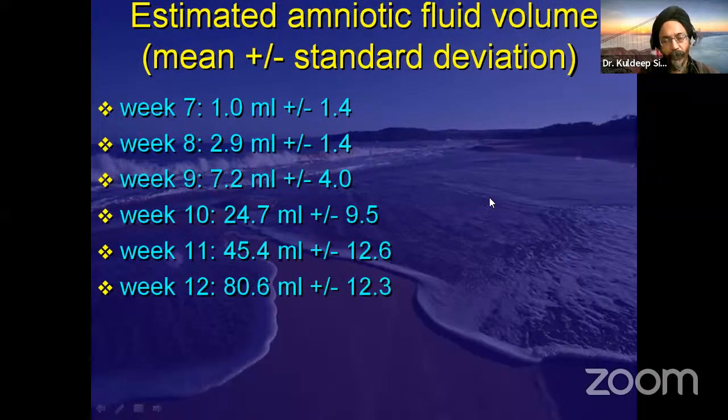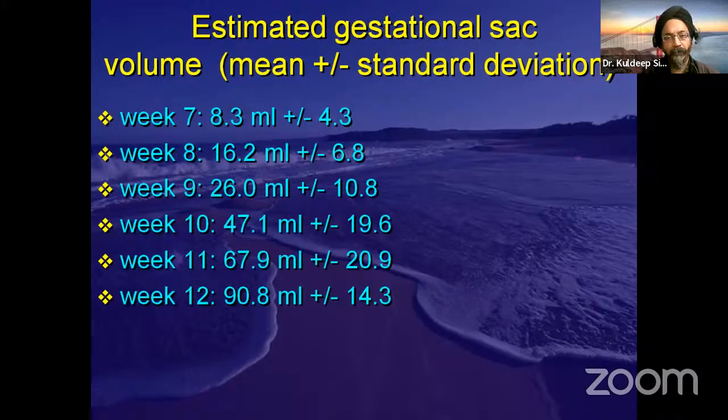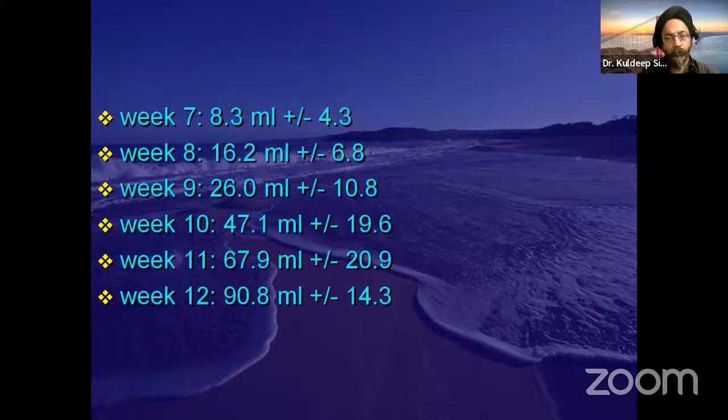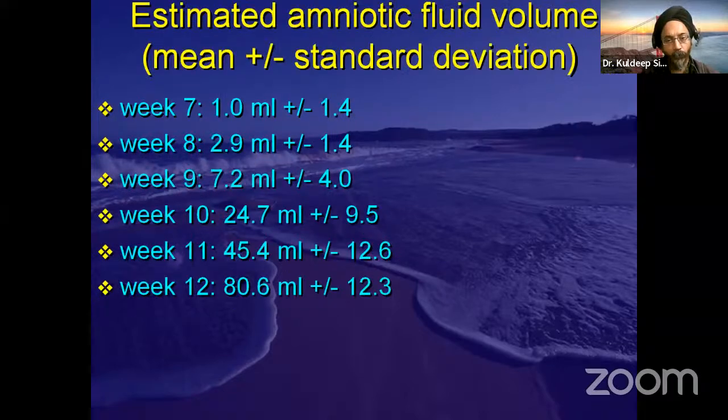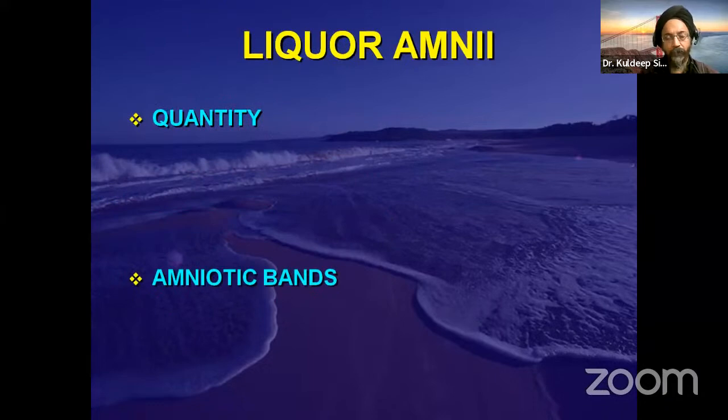We do not measure the amniotic fluid volume routinely, but just so that you are aware of the difference between the mean sac diameter or volume and the amniotic volume in the first trimester.